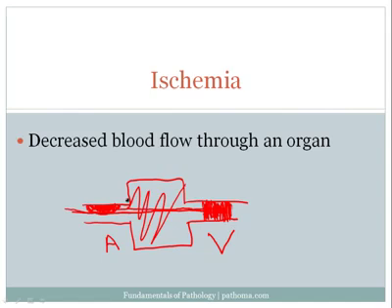A third way by which ischemia can occur is called shock. Shock refers to a generalized decreased perfusion of the vital organs, and it can occur, for example, if the heart's not functioning properly, we get a cardiogenic shock. If there's not good blood volume in the vascular space, because let's say there's a gunshot wound, we'll have a hypovolemic shock.